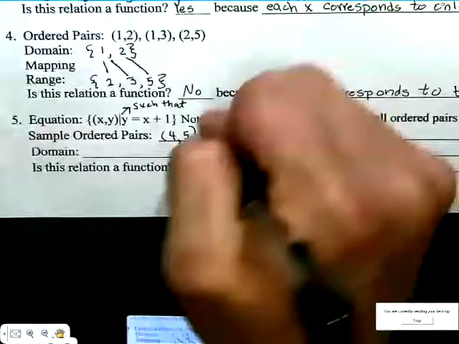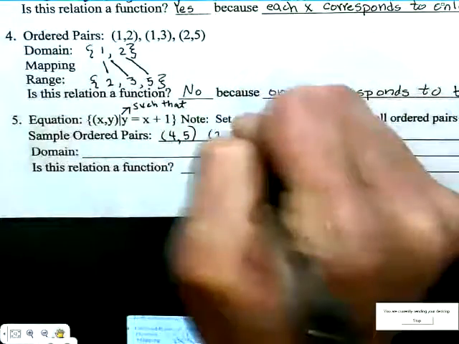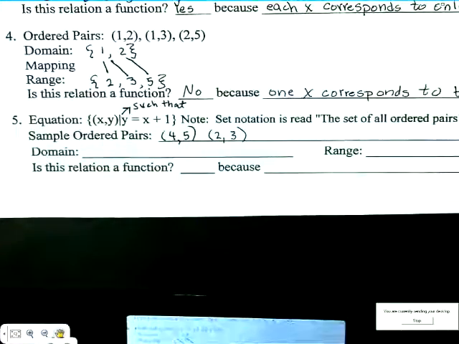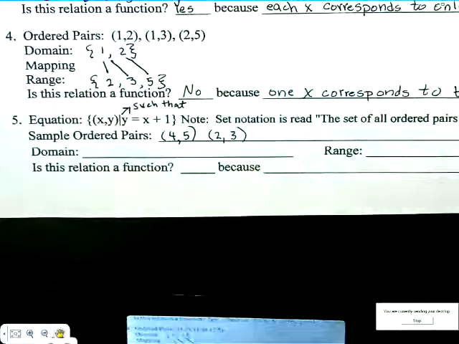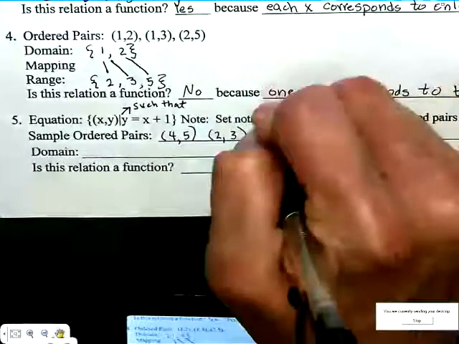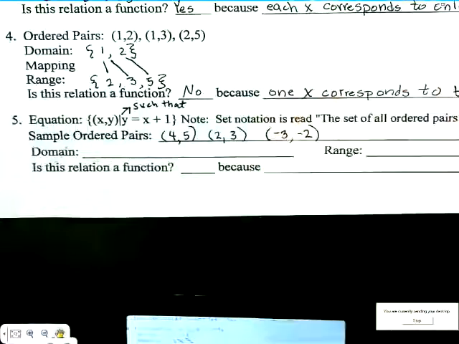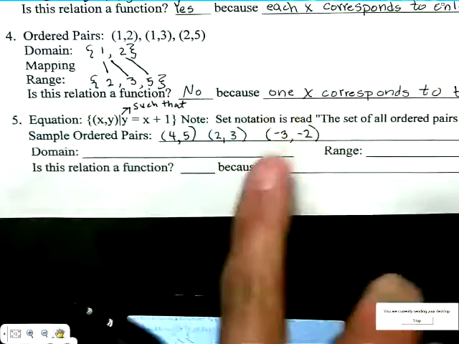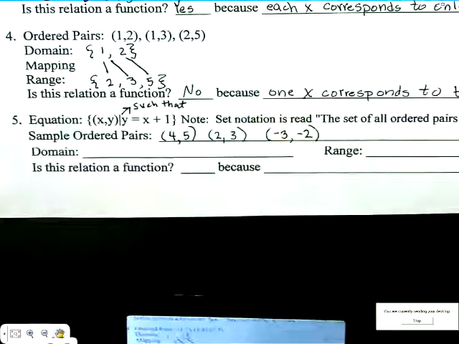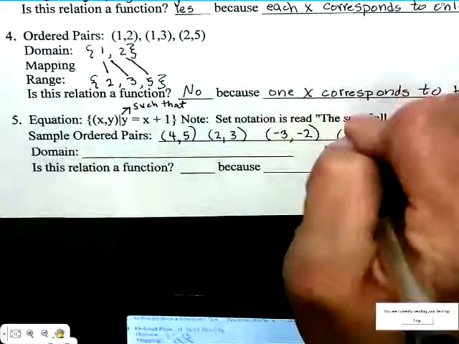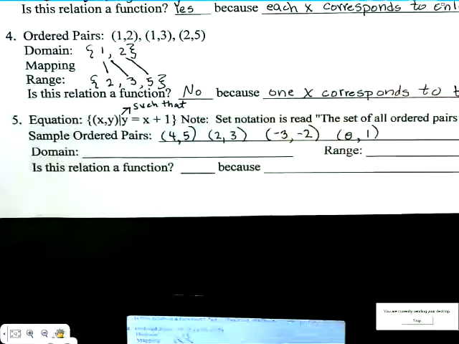Somebody go out on a limb and give me something exciting with negatives in it. Yep. You add 1 to that x, you get that y. And just for the heck of it, we could say 0, 1. All of those ordered pairs, the y is 1 more than the x.